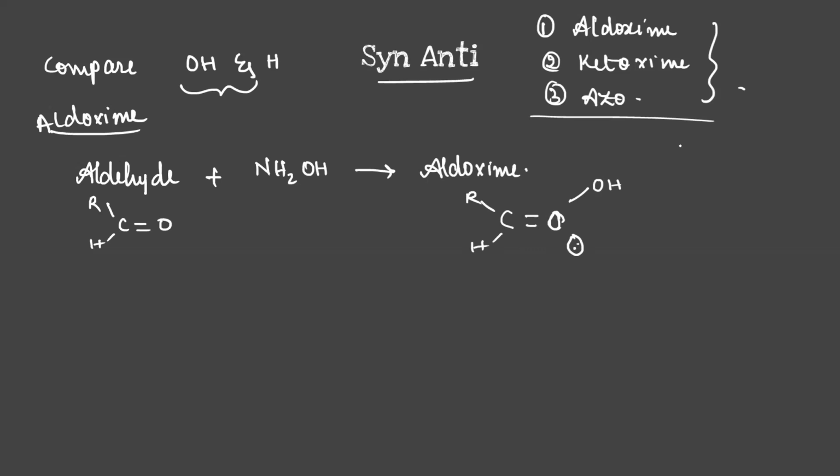Yeah, this is a lone pair. Now you have to compare OH and H. So in the case of aldoximes, you can see OH and H here, they are on the opposite sides. When OH and H are on the opposite sides, then you name them anti. Okay? Opposite side, it's anti.